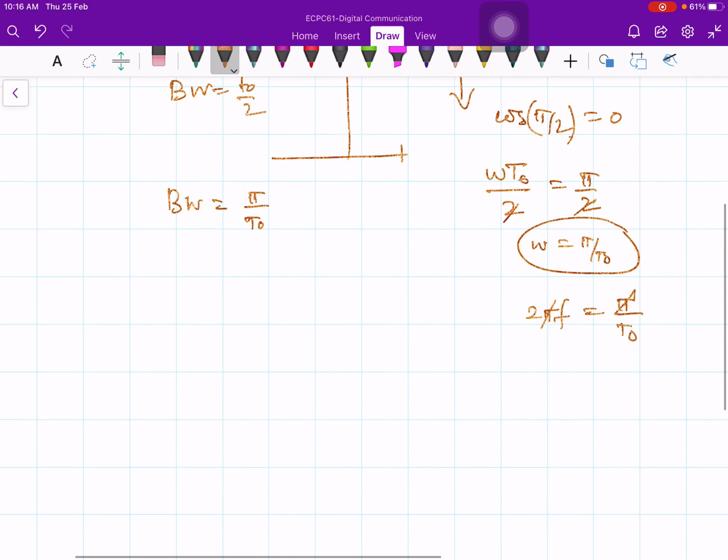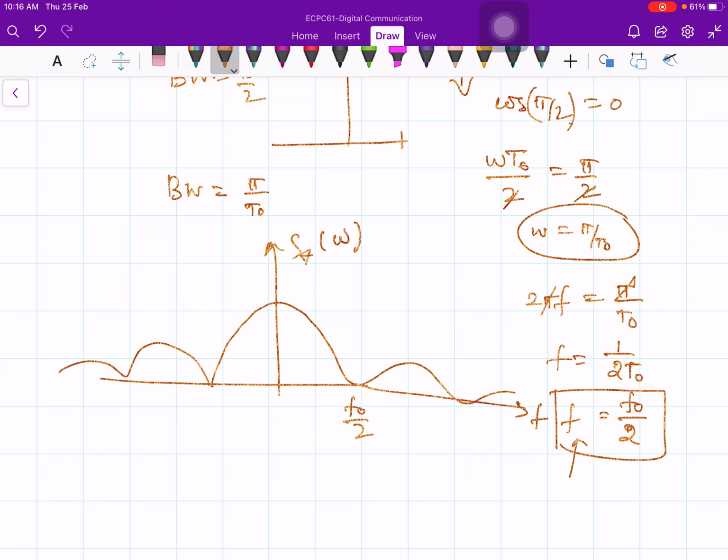So that is the width of the main lobe. Once again, if you plot the spectrum like this, the first zero crossing occurs at f0 by 2 in frequency. So this is your Sy of omega.